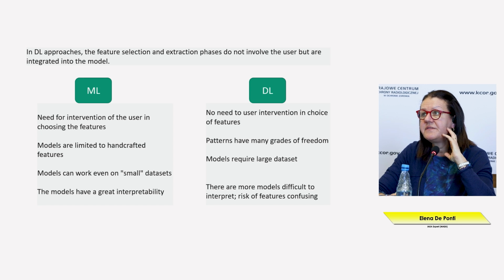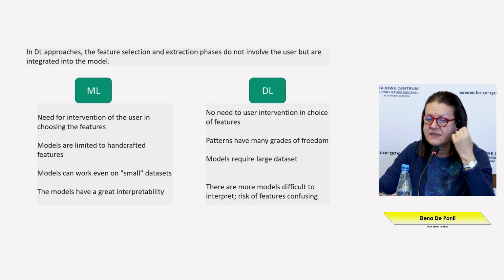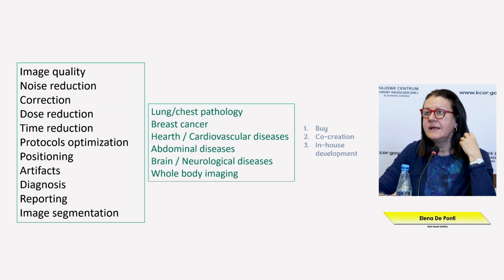There are some differences between machine learning and deep learning. In machine learning, we need the intervention of the user, so we define all the features that will be included in the process, while in deep learning this kind of selection is done by the system and it is updated as new evidence of failure of the model becomes available.